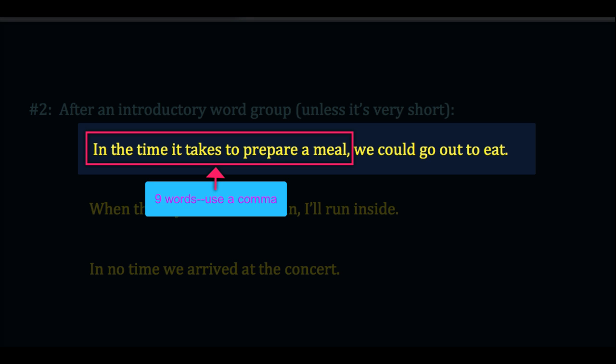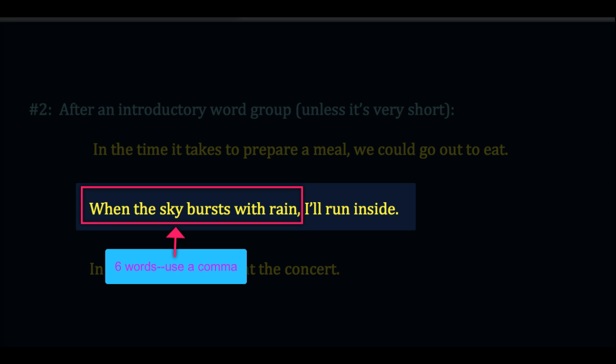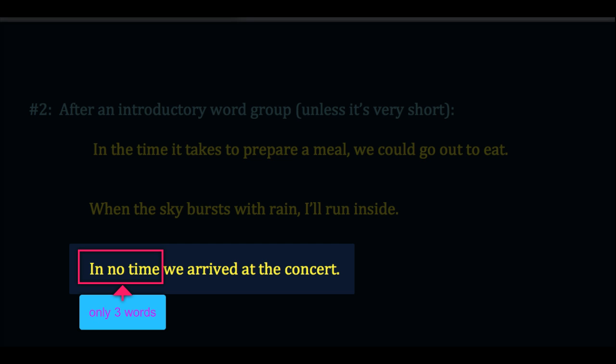That's 9 words, a long introductory word group, so use a comma. "When the sky bursts with rain, I'll run inside." Comma, long enough, it helps with understanding. "In no time we arrived at the concert." That's too short, and we don't need a comma there. It would break up the energy, and there's no confusion. So that's the rationale behind it.